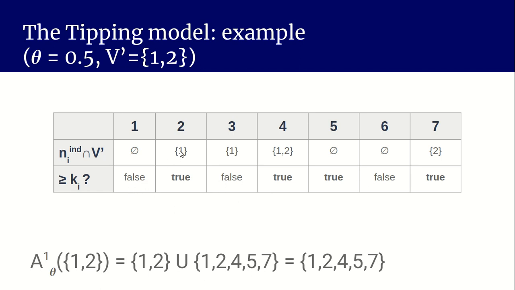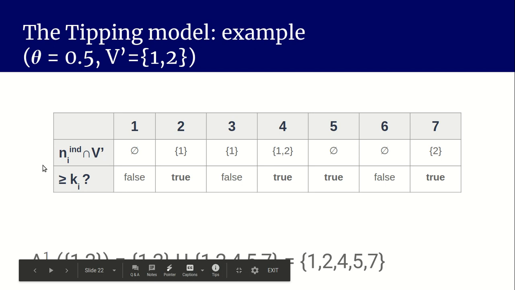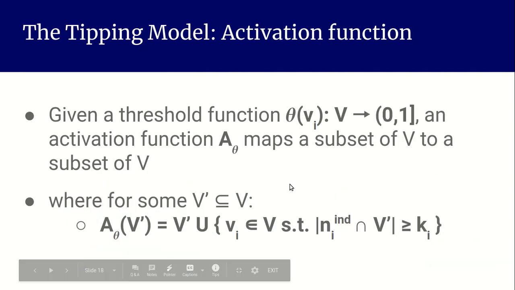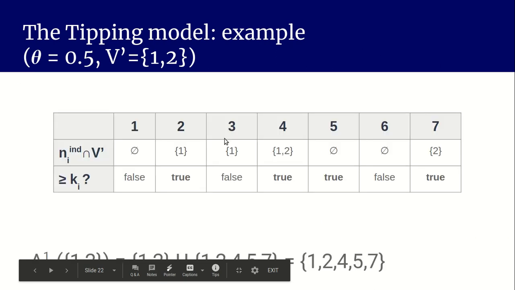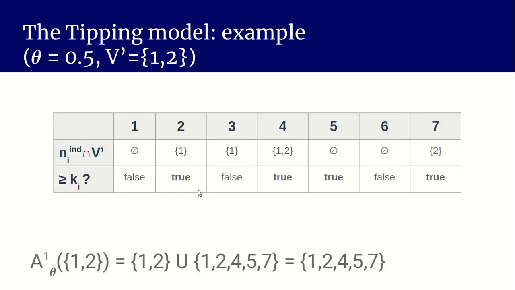So basically here, because theta is 0.5, we only need 50% of our incoming neighbors to be active for us to become active, and these are the conditions that are met. Basically because this condition here is satisfied, the condition that we stated in this slide, and we only grab those nodes, the nodes corresponding to the true Boolean labels.